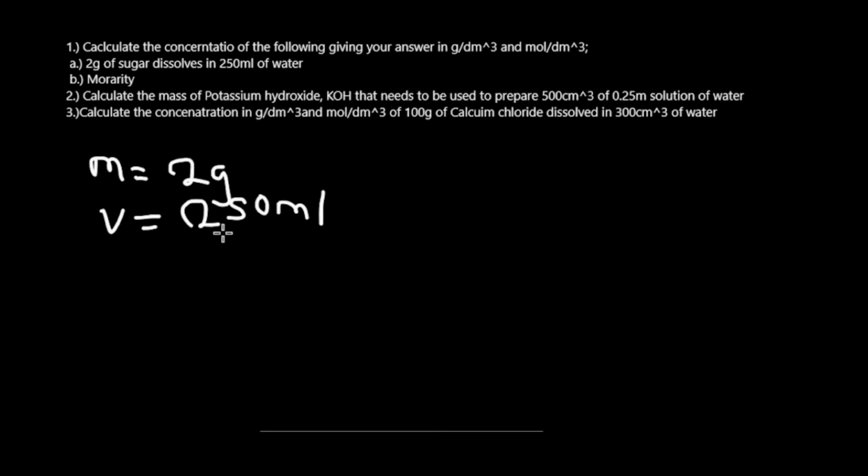If we convert this 250 mils to decimeter cubed, that would be 0.25 dm cubed. So that's what we basically have. So my volume will be equal to 0.25 decimeter cubed.